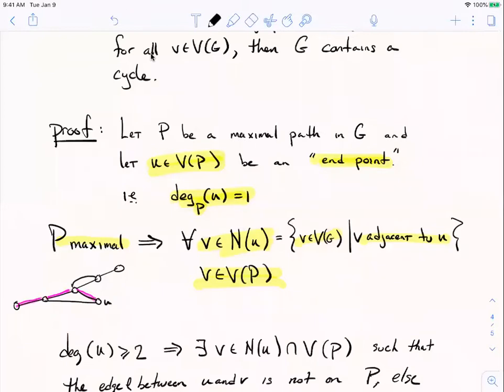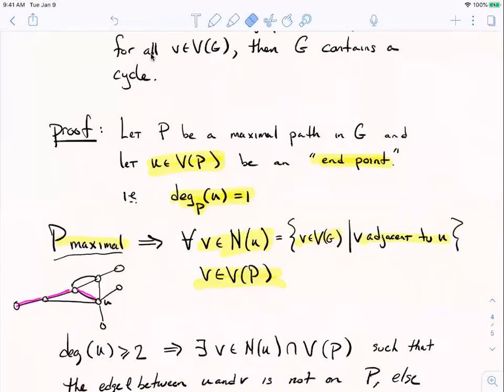It's certainly true in this picture, but look, if you had a vertex adjacent to it that wasn't on the path P, then P wouldn't be maximal. P is a subpath of a longer path. If you could leave U again, not along P, so on an edge that's not in the path P, then this path P wouldn't be maximal.